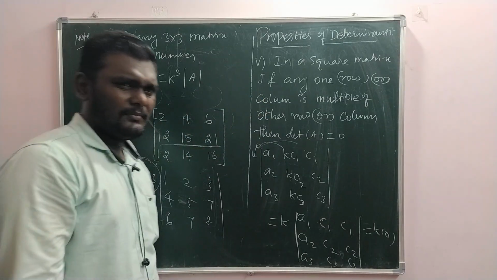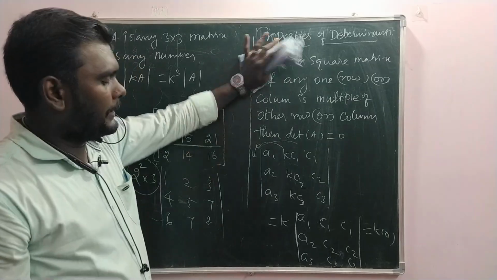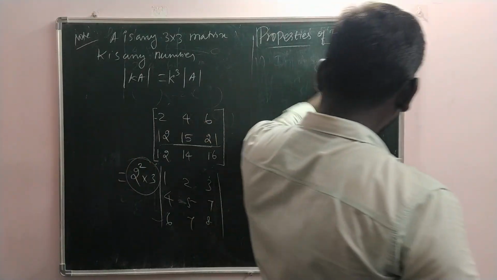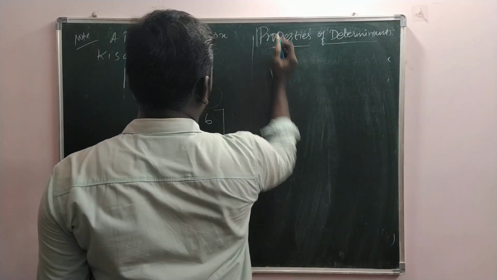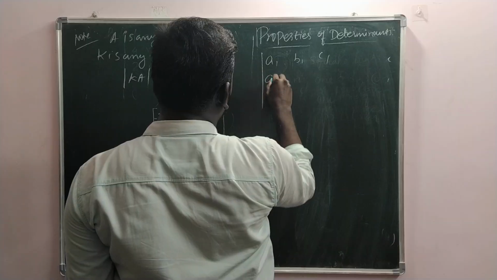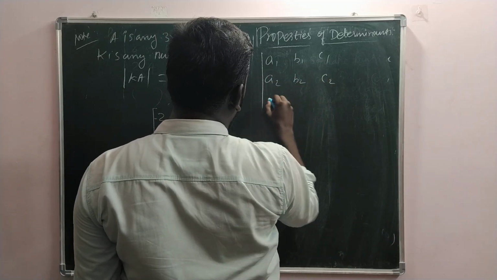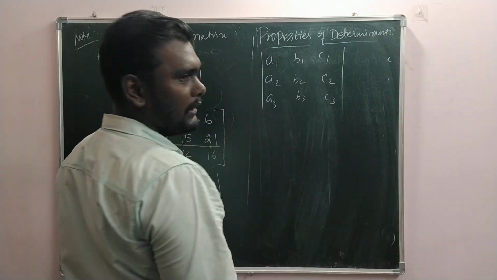See, simply this is a matrix A1, B1, C1, A2, B2, C2, A3, B3, C3, one matrix of which we are taking the determinant, right?